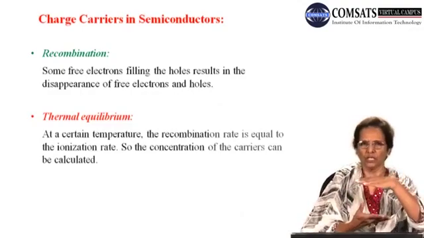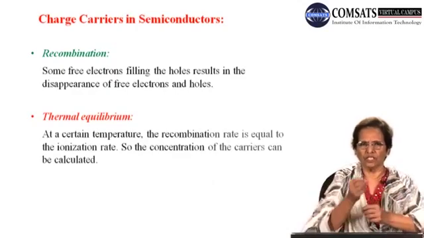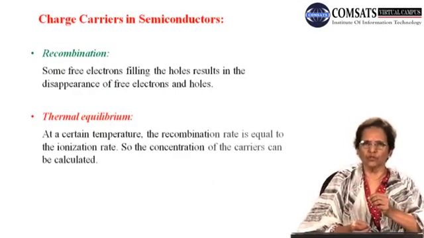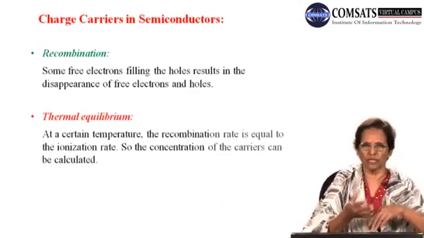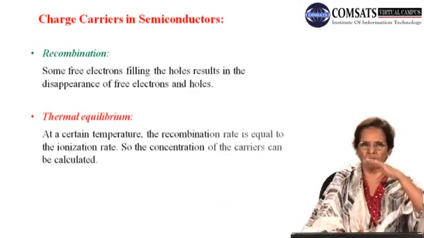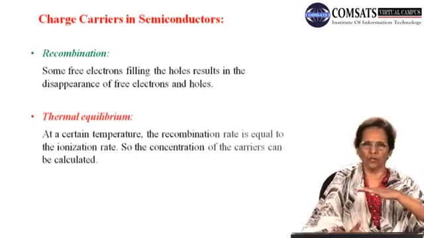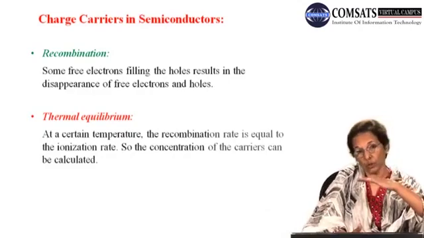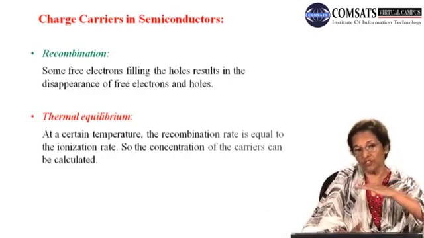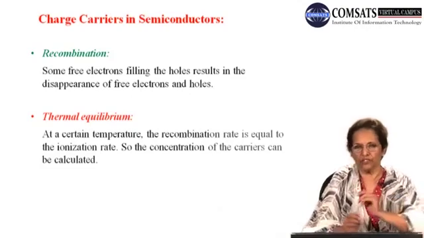Obviously, you can visualize the smaller the band gap, easier it is for the electron to jump from valence band to the conduction band. The bigger the band gap, it would be difficult for the electrons to move from valence band to conduction band. That is, you require a larger amount of energy equal to the band gap energy.